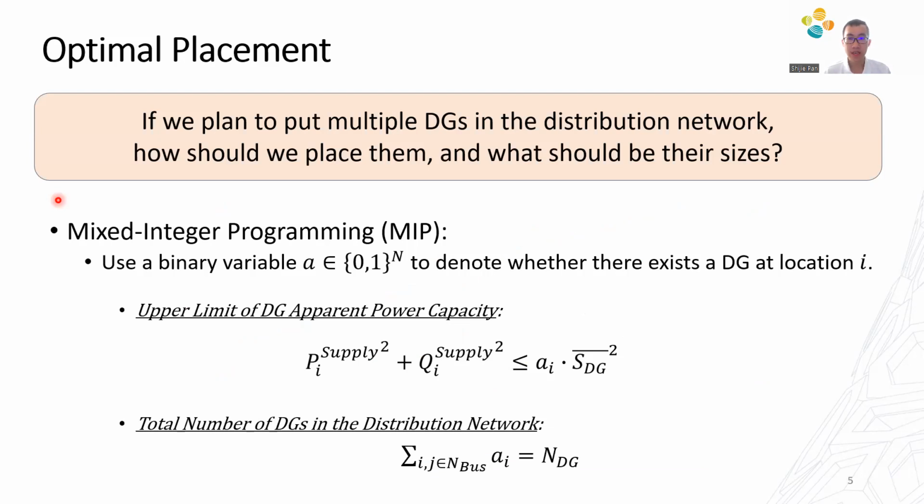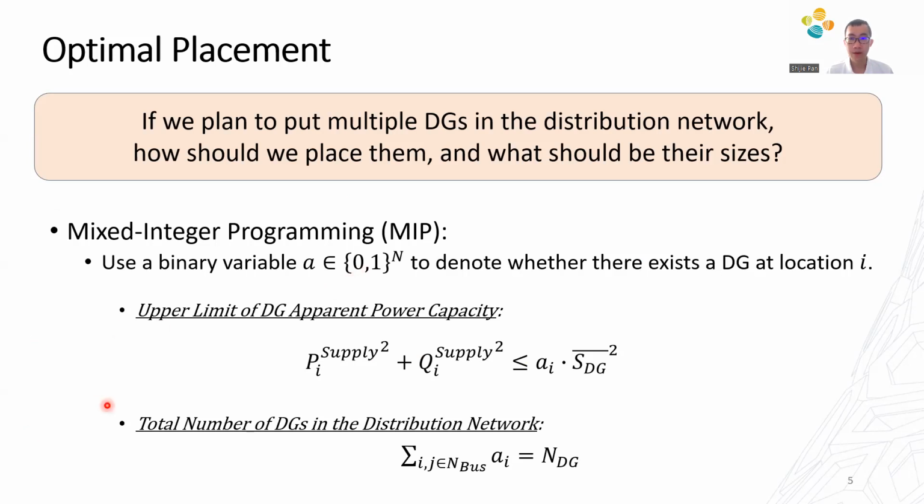Well, the answer we give is to use mixed integer programming. We choose a binary variable a, which is either 0 or 1, to denote whether there exists a DG at location i. With this variable, we can write down 2 constraints.